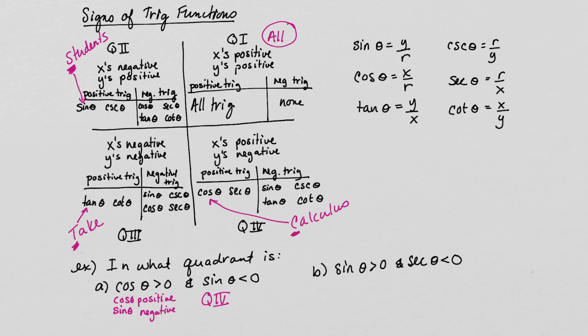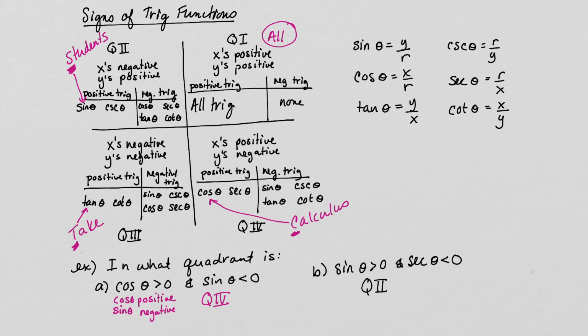So which quadrant has the sine positive and the secant negative? Yeah, 2. Quadrant 2. Questions?